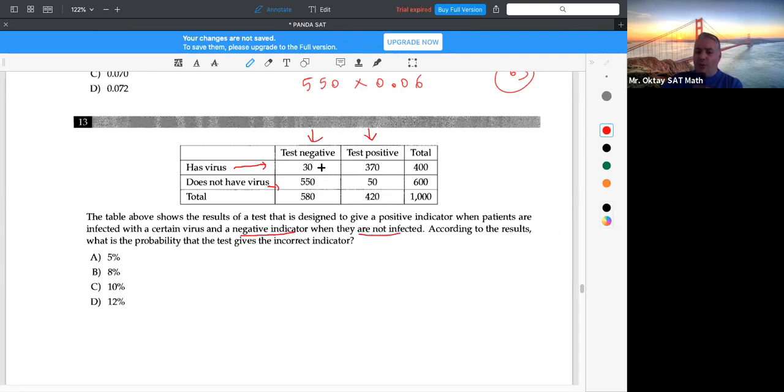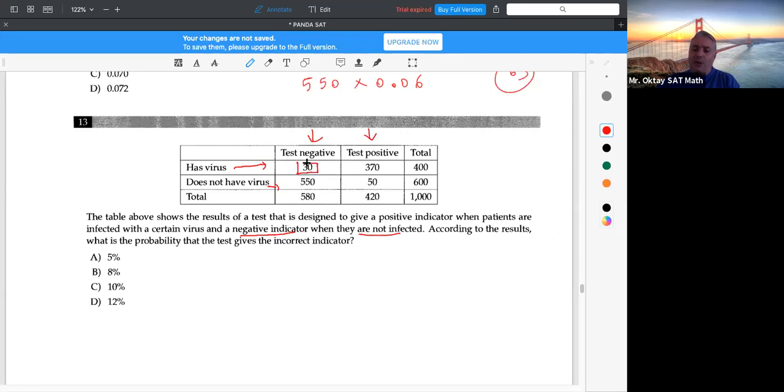So normally the patient is not infected, the patient is not sick, but the test says that you are sick. For that reason, this is being negative indicator. Am I clear?